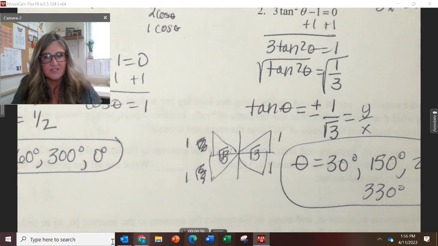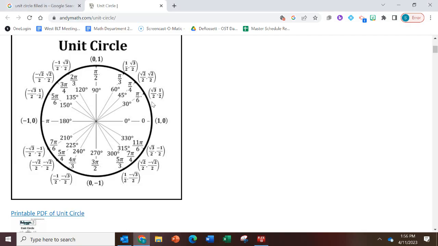If I wanted to use the unit circle, I'm looking for y to be 1/2, and x to be radical 3 over 2. Because I can ignore the 2's. See how that's 1 over radical 3 with that 30-degree reference? 1 over radical 3, y over x. Okay? Okay, let's keep going.